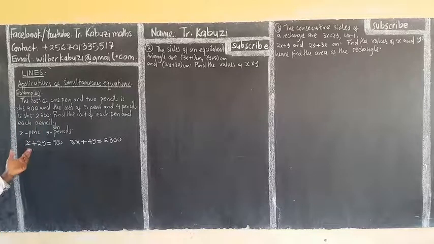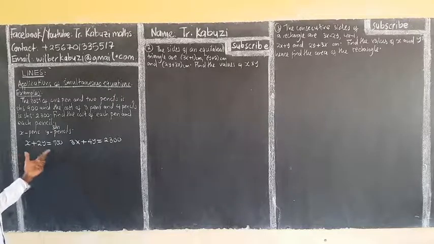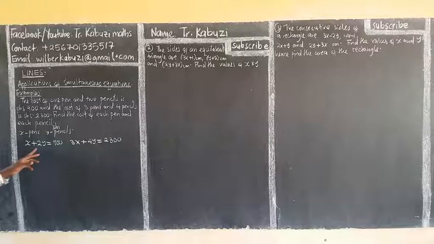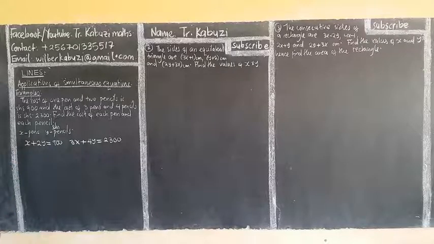Now from here there are 2 ways. Either you make x the subject, or you solve them the way we solve them simultaneously. Now if I'm solving these two simultaneously, I decide to multiply here with the 3 so that I eliminate x. So if I'm going to eliminate x, I multiply here with the 3, and I multiply here with 1.